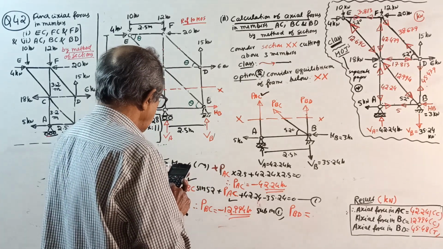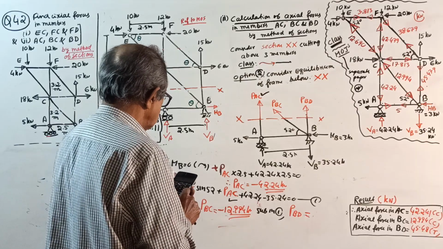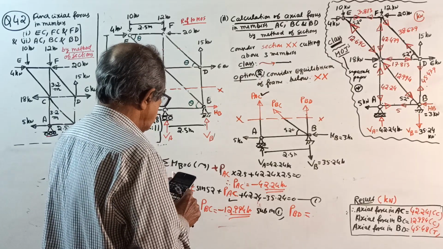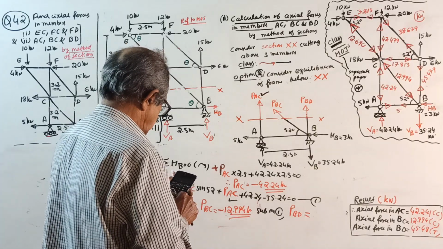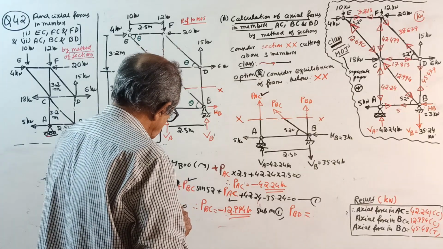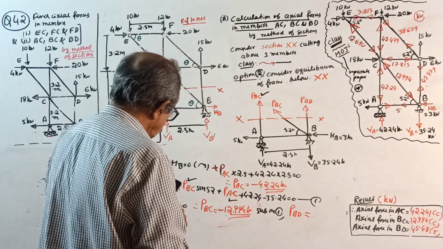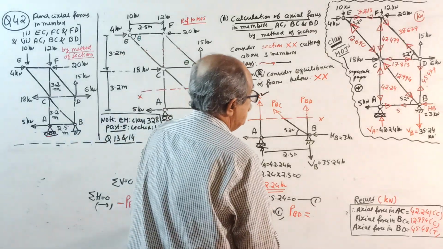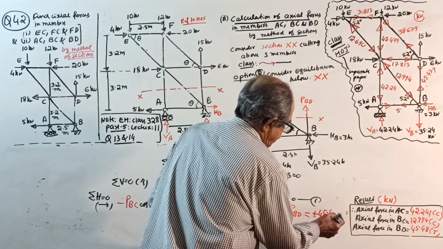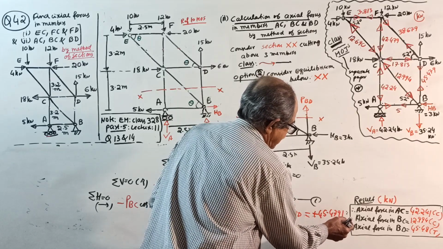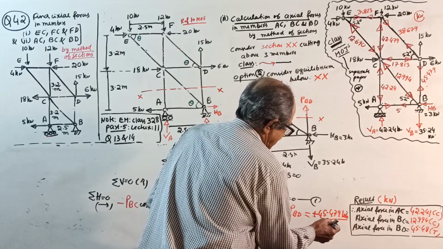See, sometime small calculation mistake will spoil everything. Minus 12.994 into sin 52, then plus 42.24 minus 35.24 equal to plus 45.479. Okay, no tension for me. If answer is not tallying, I check immediately.